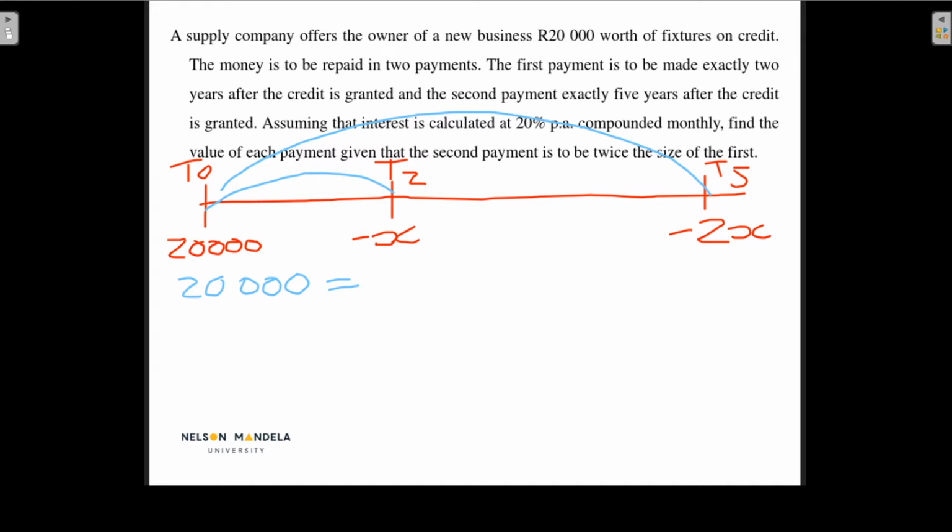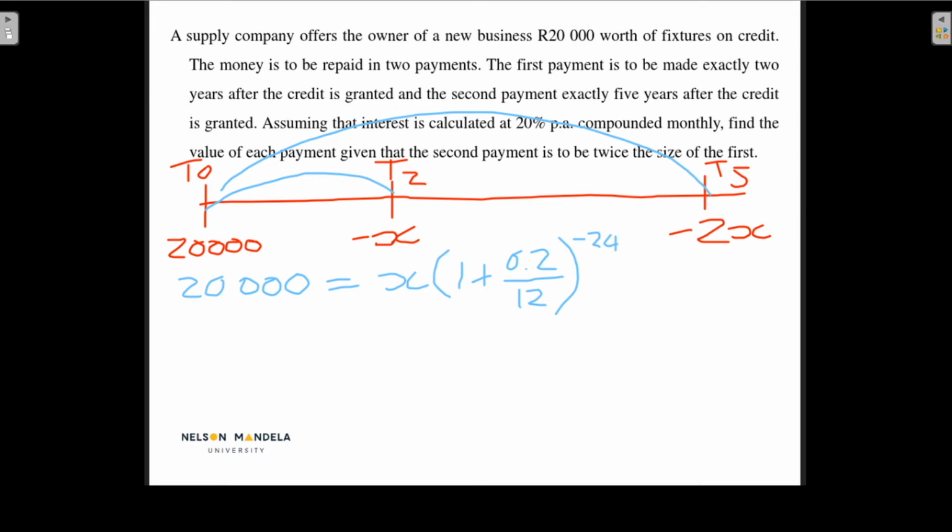So my first payment, I move it back 2 time periods, and my interest rate is 20% per annum compounded monthly, so that's why I divided by 12. And after 2 years, 2 years is the same as 24 months. Because we are compounding monthly, we have to have it to the power negative 24, negative because we are moving backwards.